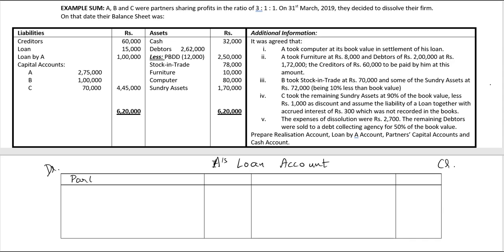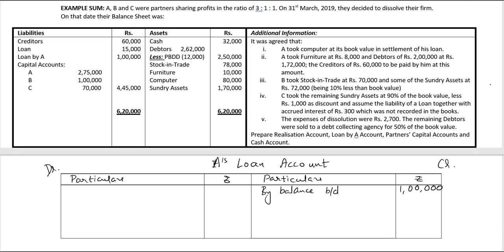Particulars, rupees. Particulars, rupees. We'll begin by bringing down the balance of A's loan account from the liability side of the balance sheet. By balance brought down, 1 lakh rupees.